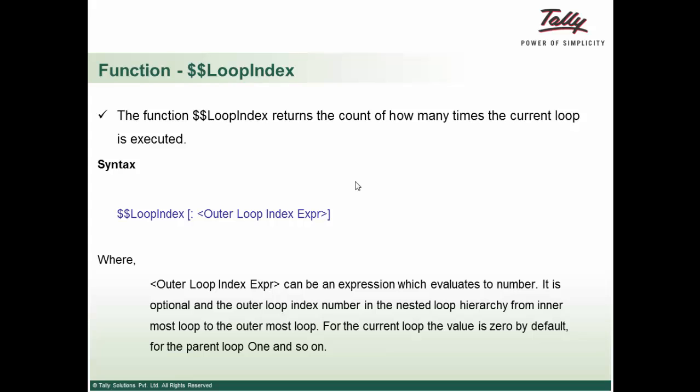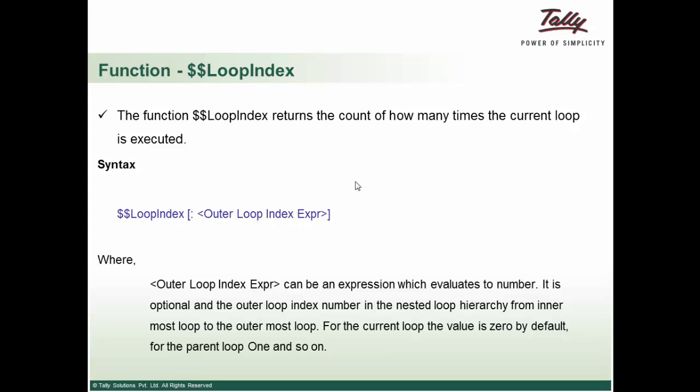Now to count how many loops we have, we can have a function called $loop index, which is similar to $line. The function $loop index returns the count of how many times the loop is executed. So $loop index will return, say, 1, 2, 3, 4.